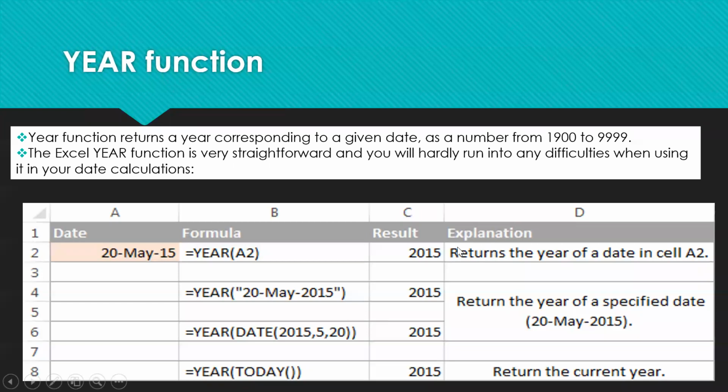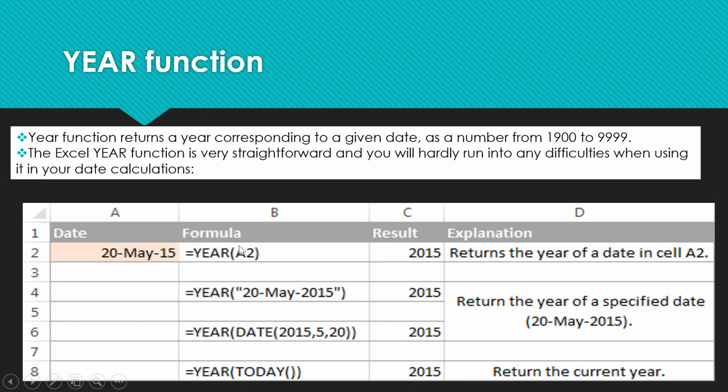So let's learn how to get a year from a particular date. Let's say we have a date, and we want to extract only the year from the date, not the whole date. We can use the equals YEAR function. The YEAR function accepts one parameter, which is a date.